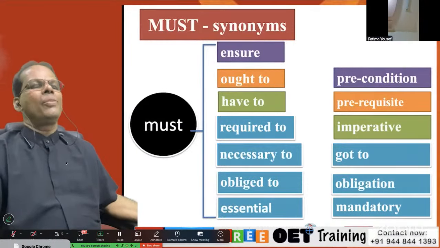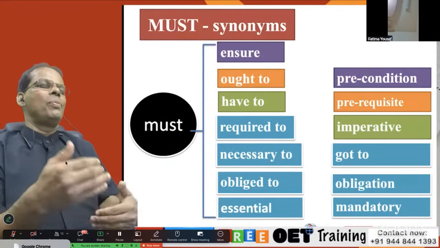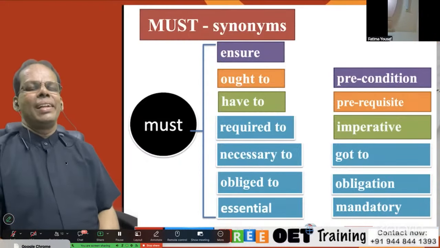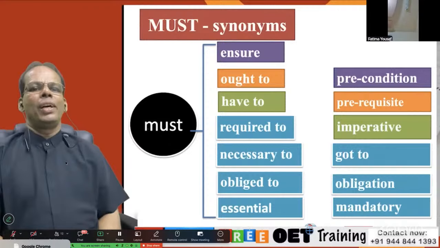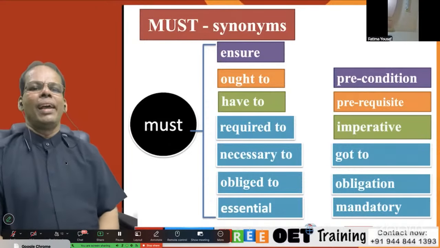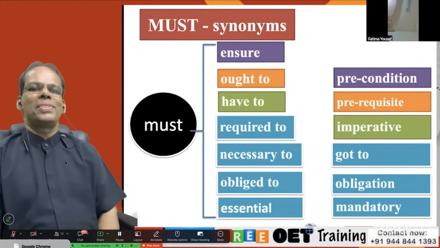Any of these words can appear. You become very familiar with this as you go on practicing. But the other day from your discussions, I found you were in search of must and should, but you just neglected all my friends over there, the synonymous expressions.